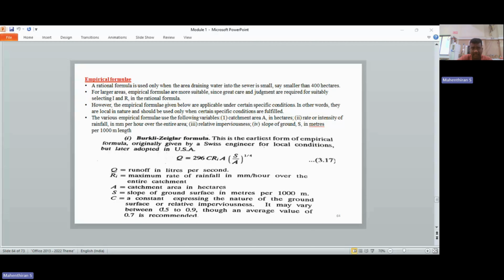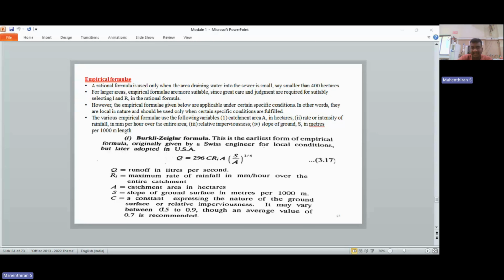Here is an important observation: because area A appears in the denominator inside the fourth root, larger catchments produce a smaller contribution from the slope factor. This makes physical sense. On a very large basin, the overall slope effect gets diluted.